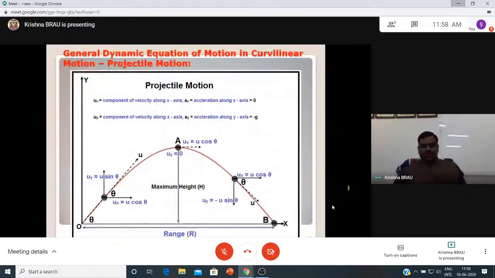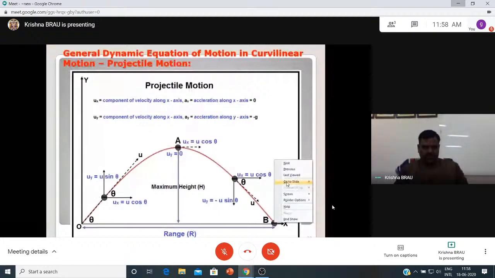Now the projectile, at each and every point of time we have ux, uy, the tangential velocity, again u, but here theta is some value and here it is 90.